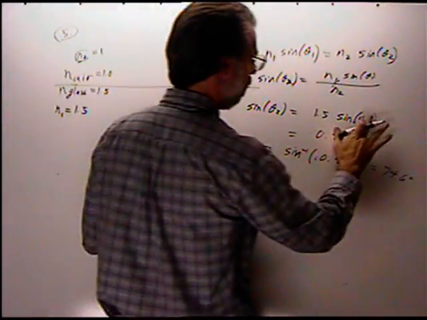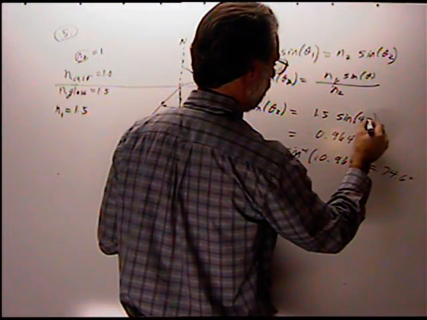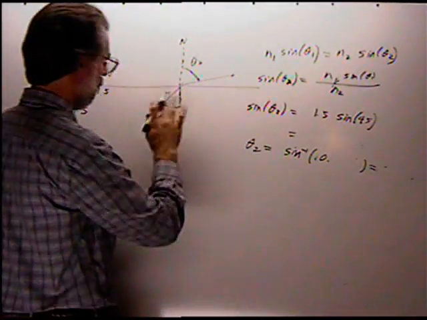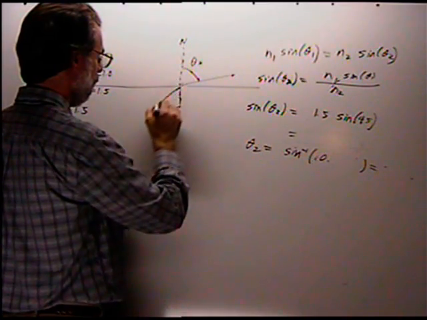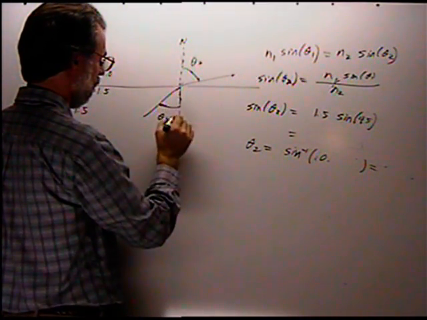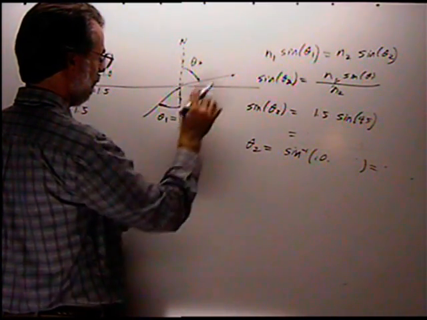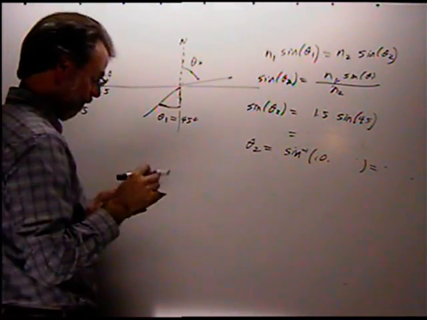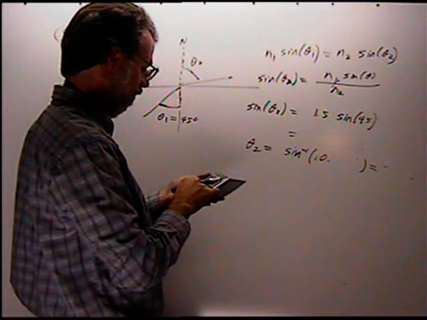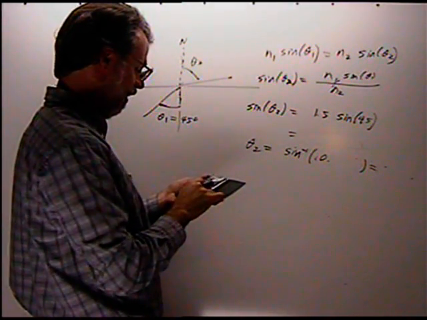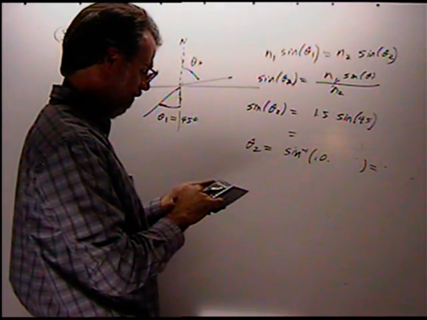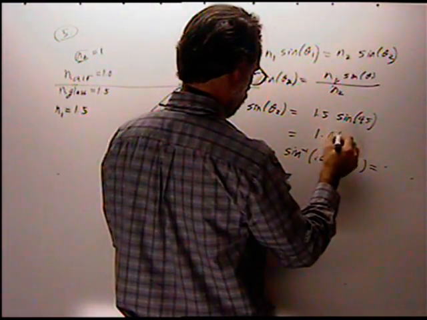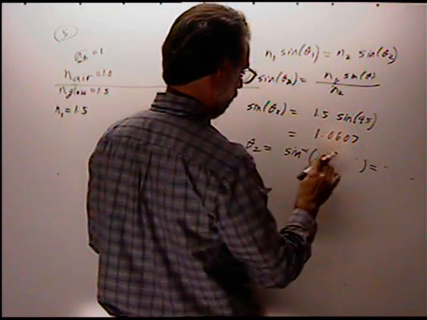Now I'm going to make it 45 degrees. Let's see what this angle is. I'm going to make it steeper. Sine of 45 times 1.5 is 1.0607.